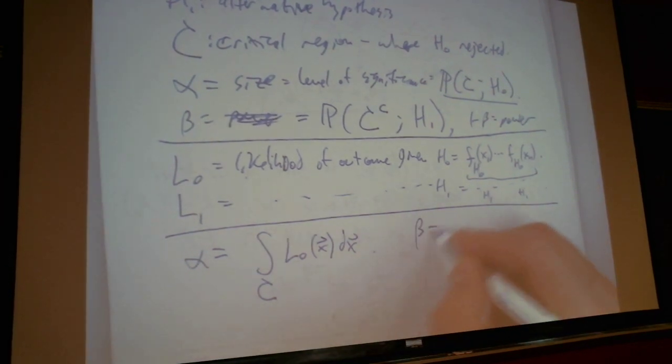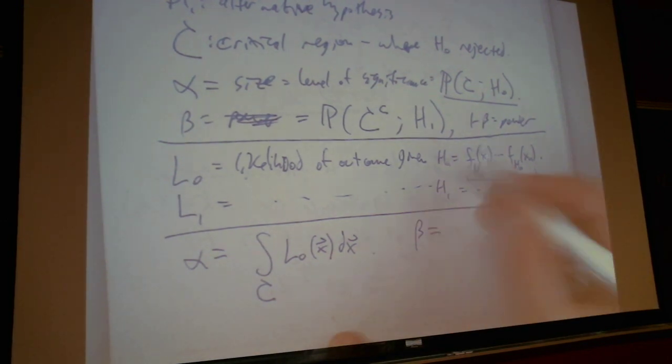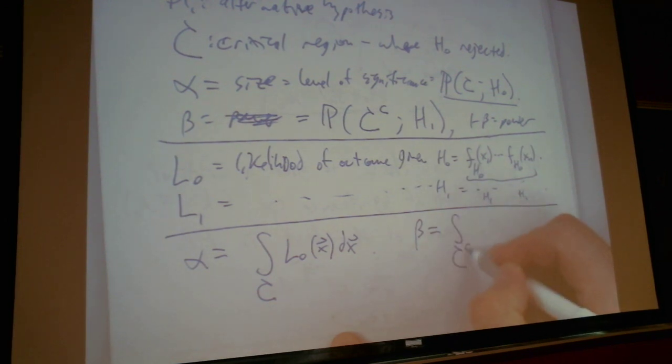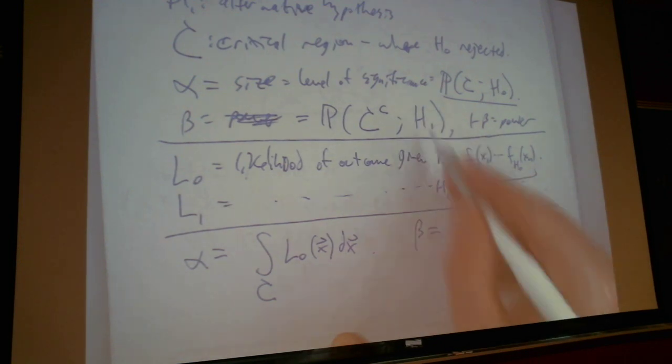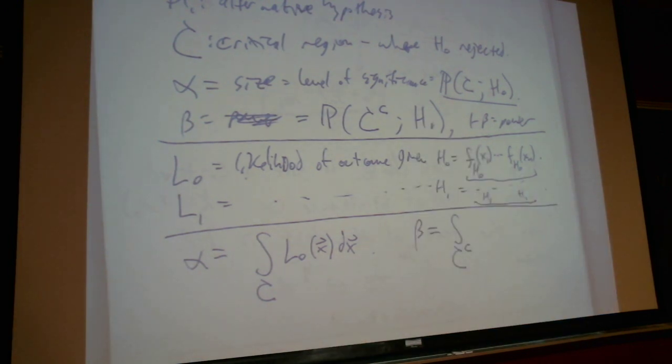Beta, or 1 minus the power: I want to measure the complement of the critical region, so that's the probability of the complement, assuming that the distributions are given according to what the alternative hypothesis says they are.